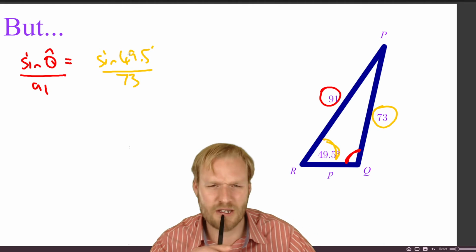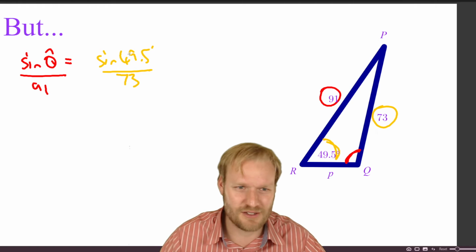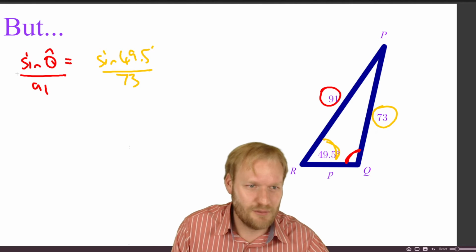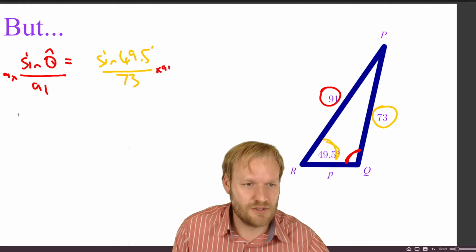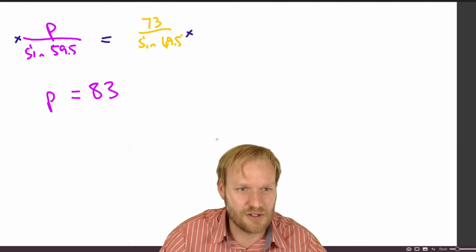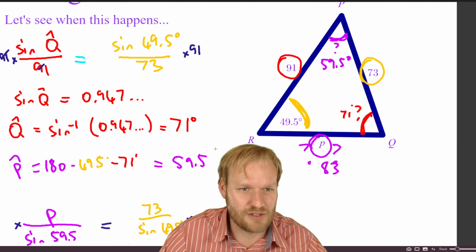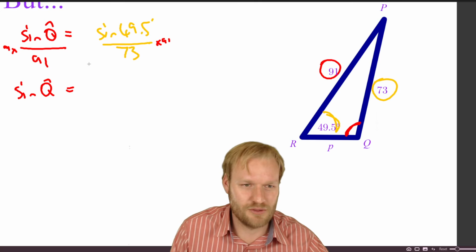And I'm pausing because I'm thinking, but wait a second, we just did this. Isn't this the same? Let's multiply by 91. So sine Q equals, well, we did this already: 0.947.